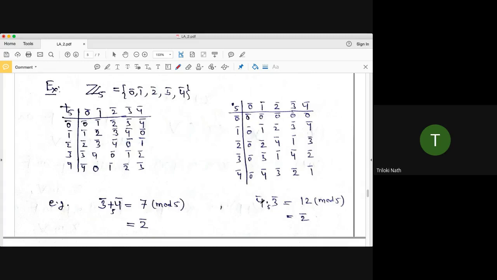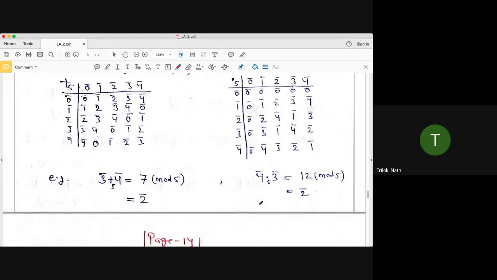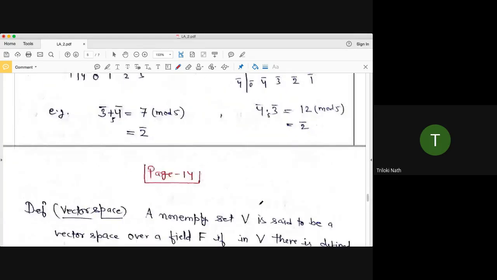Similarly here, 4 into 3, multiplied gives you 12 modulo 5, that means this is 2. That means dividing by 5, you write the remainder. So this is the composition table. You can form it very easily. I hope up to here it is clear to everyone.